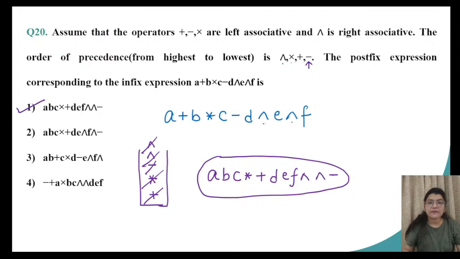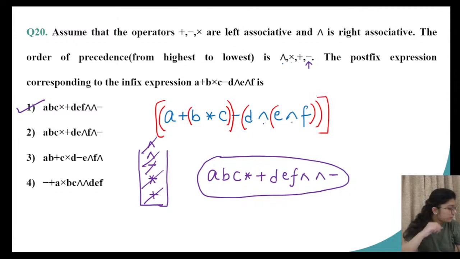See this thing, first we will solve this. This will be this, because this is from your left associative, so we'll solve this left. ठीक है, ये आपकी right to left associativity है. So first we will do this thing and then we will do this thing. Here also we will do this and then this, and then at last you will perform this subtraction. Yes or no?